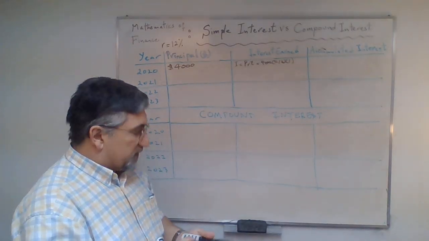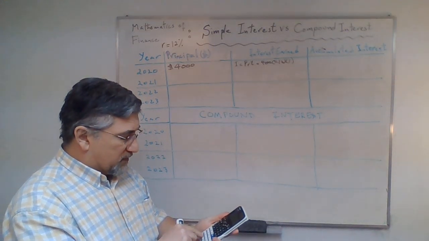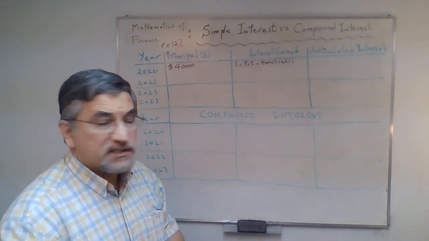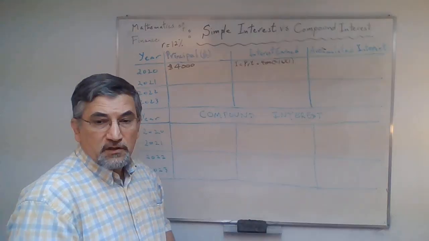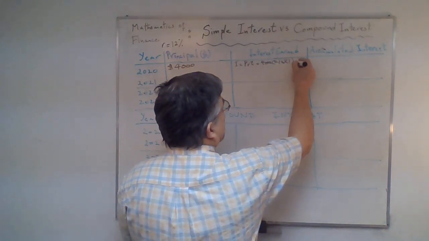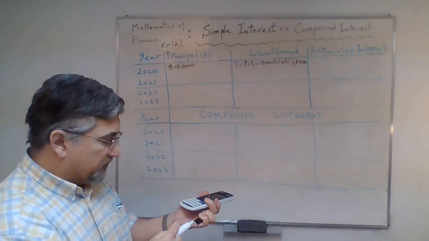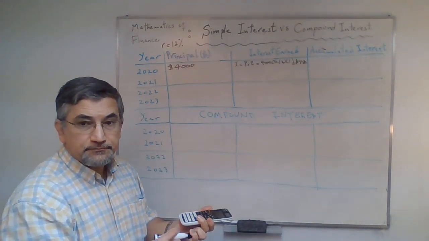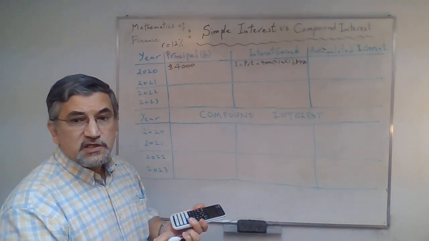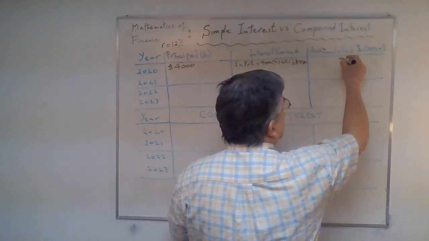So you can use your calculators and multiply 4,000 by 0.12, which is 12% expressed as a decimal, and that gives you $480. Okay, so this is the amount of interest that the bank has to pay you at the end of the first year, because you left the money in the account for 1 year. So what is the accumulated interest after 1 year? It's going to be $480.